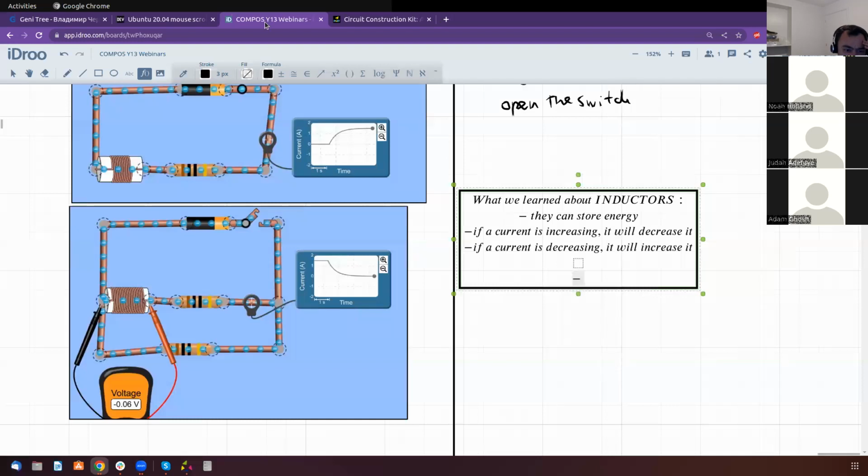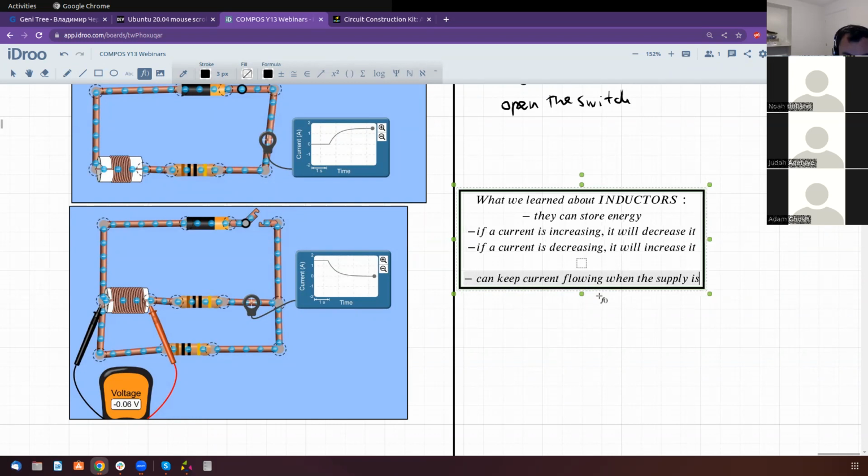So it does a job very similar to a capacitor. It can keep current flowing when the supply is cut off.